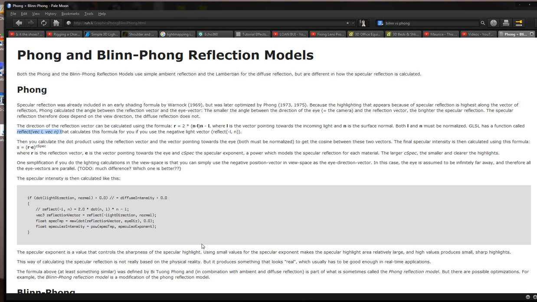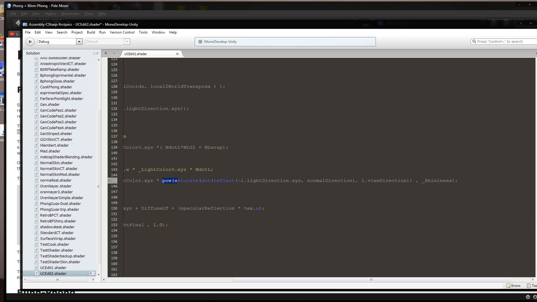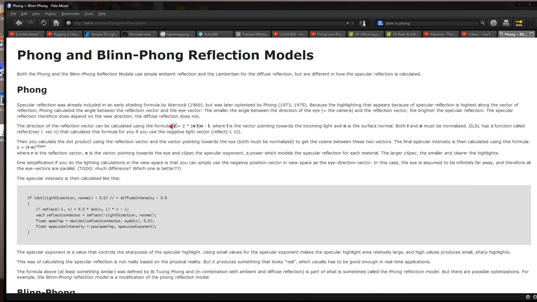So that's what is happening inside of our shader. We're using the reflect function, which takes just a negative light direction and the normal direction, and it's able to find the reflected direction.